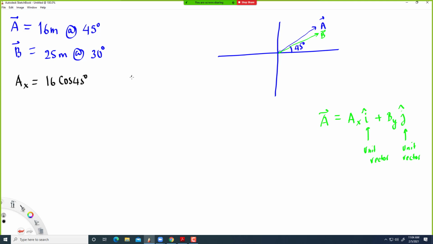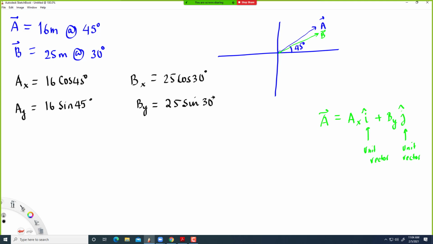Okay, bx is 25 cosine 30 degrees, and then y component of A is 16 sine 45, and y component of B is 25 sine 30 degrees.